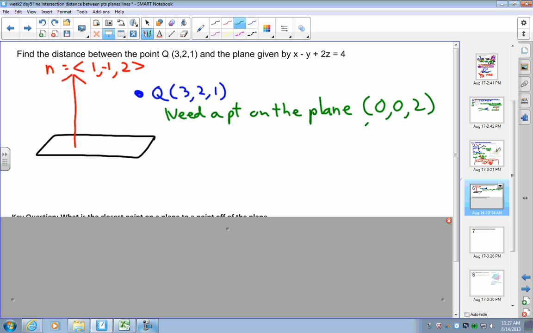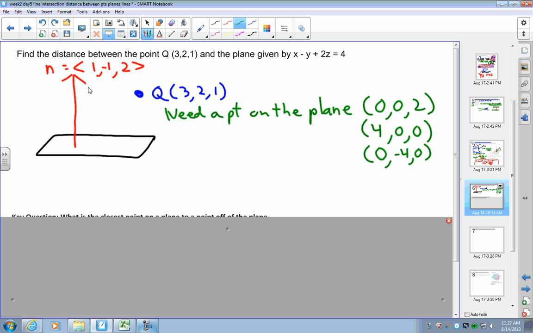Could I have used 4, 0, 0? Yes. Or you could have used 0, negative 4, 0. It does not matter which point you use. You just got to pick any point.